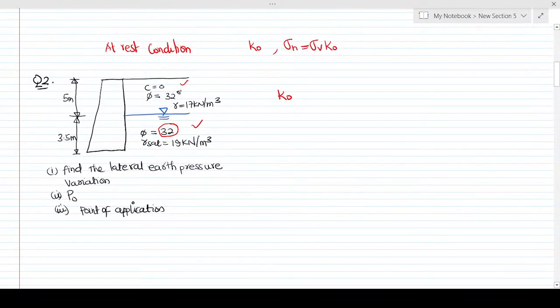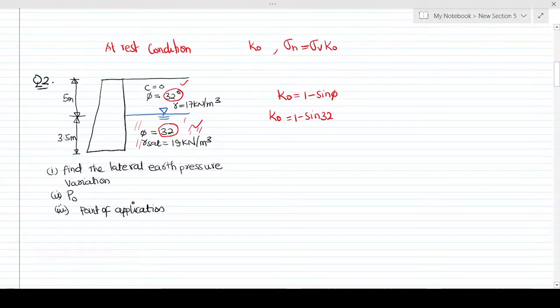We can see that the soil is the same, but just that the soil beneath this place is saturated. So K naught is equal to 1 minus sine phi. So K naught is equal to 1 minus sine 32, right?